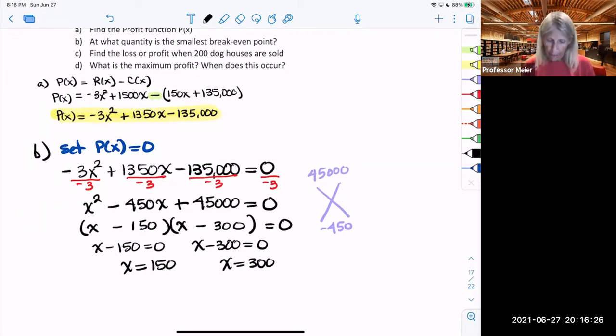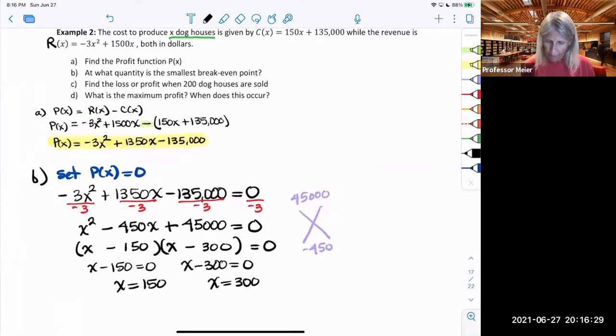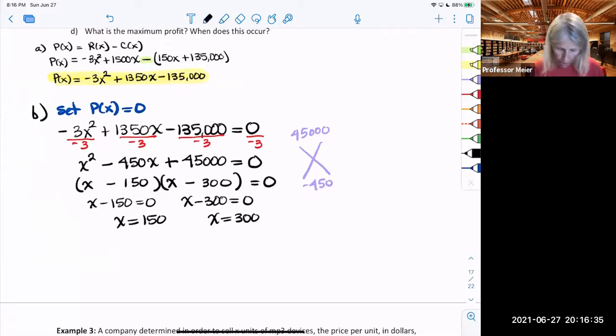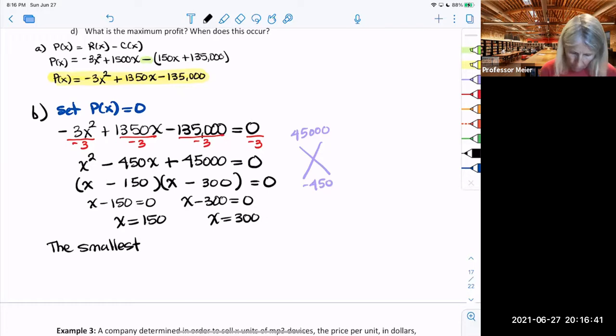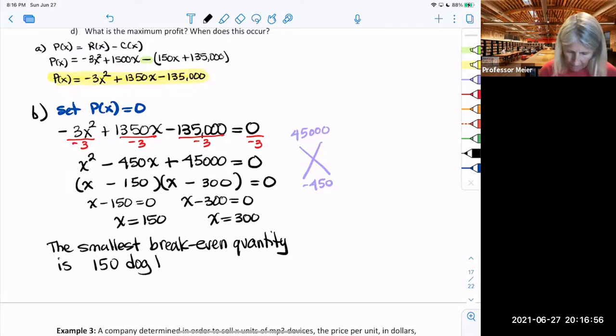And remember what X stands for. Remember back here, we said X is dog houses. So I'm going to answer this question using words. The smallest break even quantity is 150 dog houses.